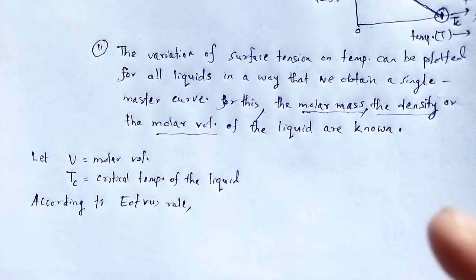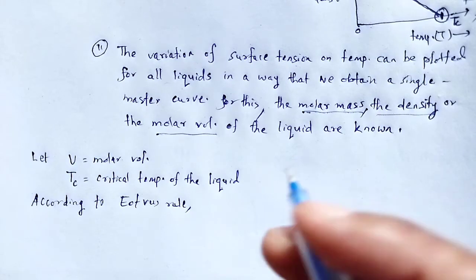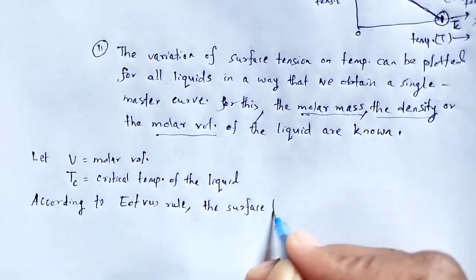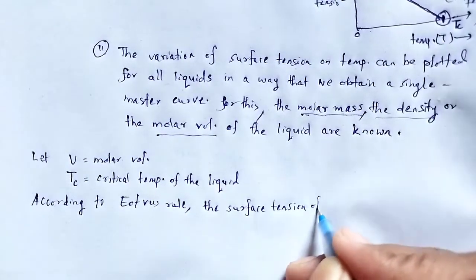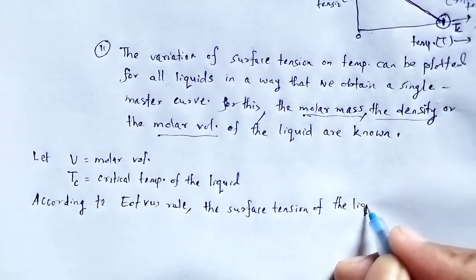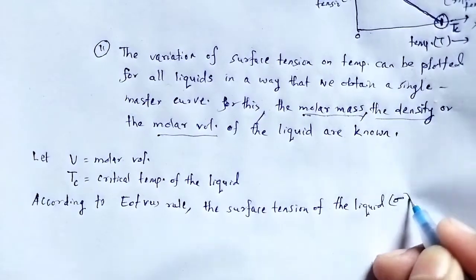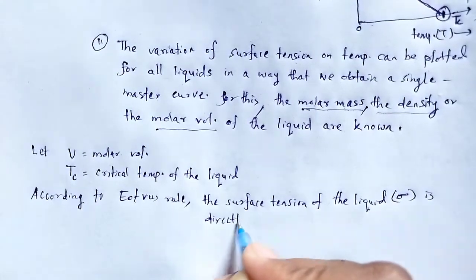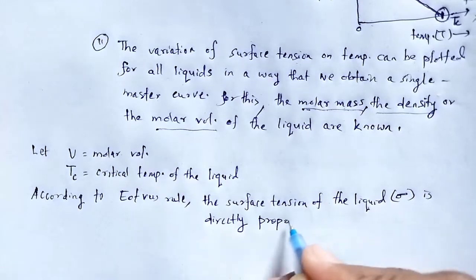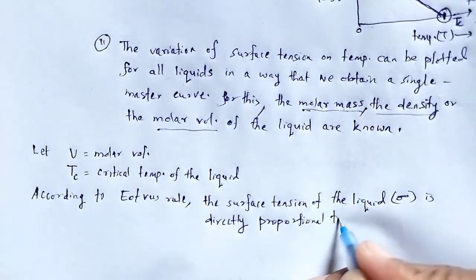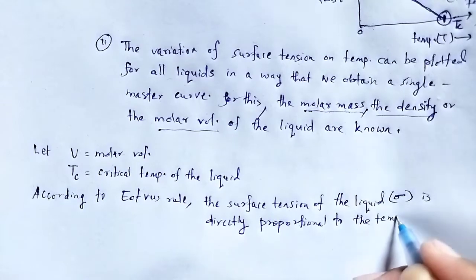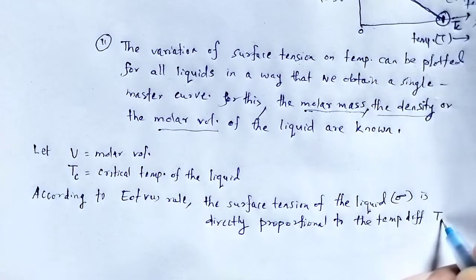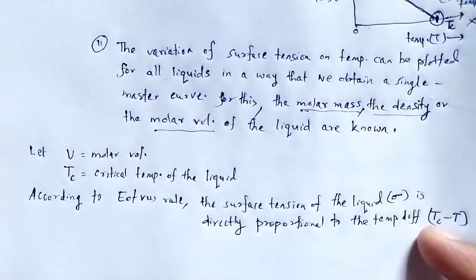The surface tension of the liquid sigma is directly proportional to the temperature difference, that is Tc minus T, critical temperature minus temperature.